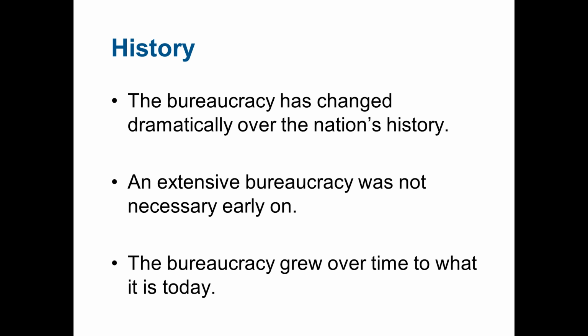If you go and look back throughout a lot of the country's history, throughout most of the 19th century, the purview of the federal government wasn't that large, so a really large bureaucracy wasn't necessary. Over time, as the federal government begins to take on more and more responsibilities, in turn, the size of the bureaucracy increases to meet these needs.